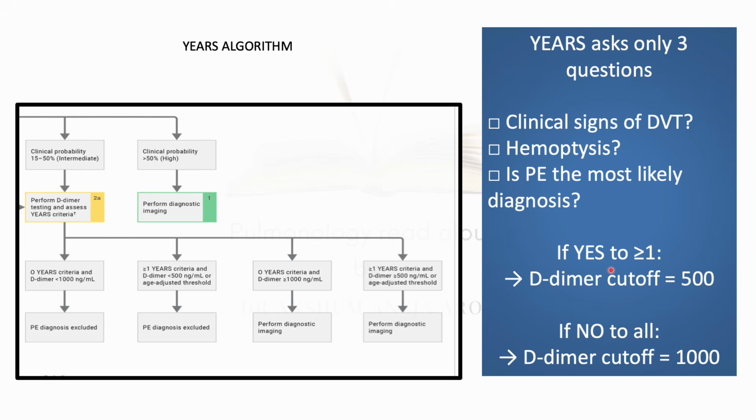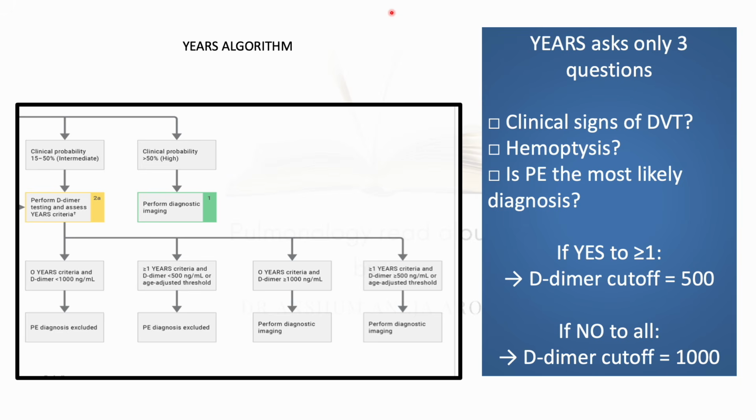If the answer to all of these is no, so they are all 0, then you use a D dimer cutoff of 1000. So this came out through a YEARS validation cohort, which showed that all across probability levels, you can use YEARS criteria. So you can re-ask your clinical questions that you had started off before.